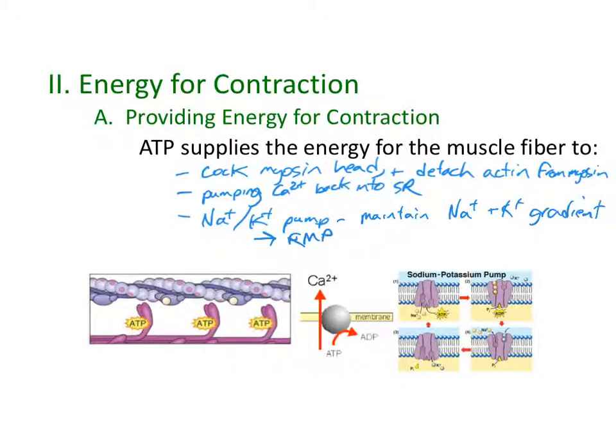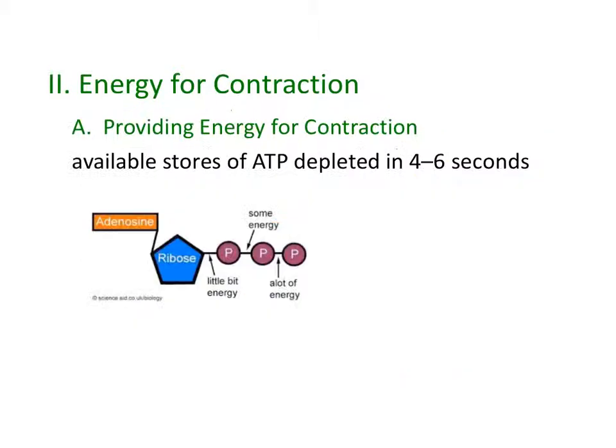The RMP, for resting membrane potential, is then needed for action potentials, which our cells are dependent on for excitation-contraction coupling. In our muscle fibers, the amount of ATP that's normally available is only enough to provide about 4 to 6 seconds of energy. And just as a reminder, ATP is the only source of energy for contractile activities.